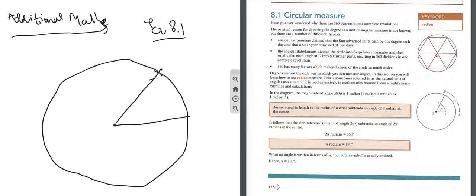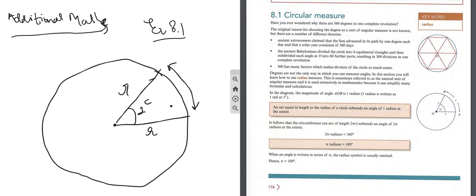Now this is also a radius. Now this angle is 1 radian. Remember, I said 1 radian. Let the radius be represented by r. So I'm just going to draw r here. And what we see here, this is the arc.